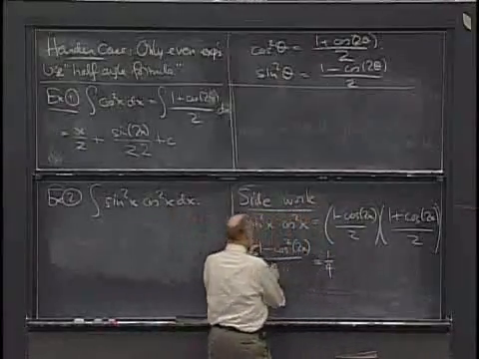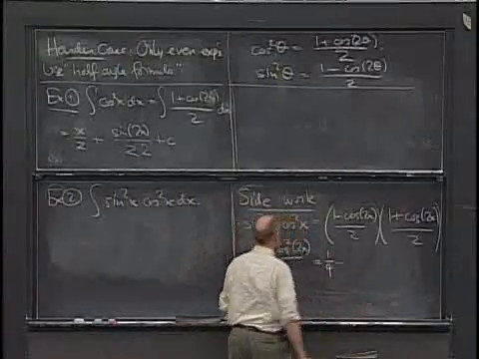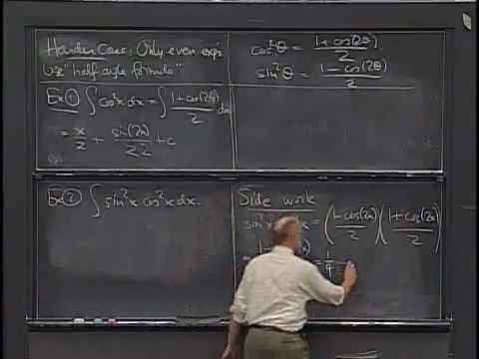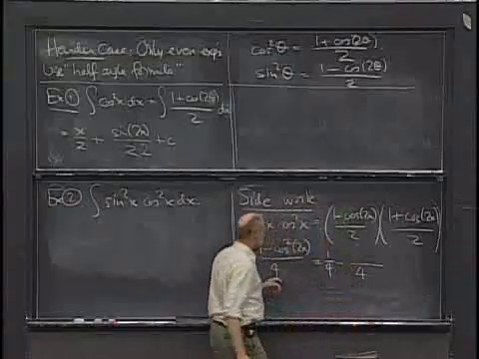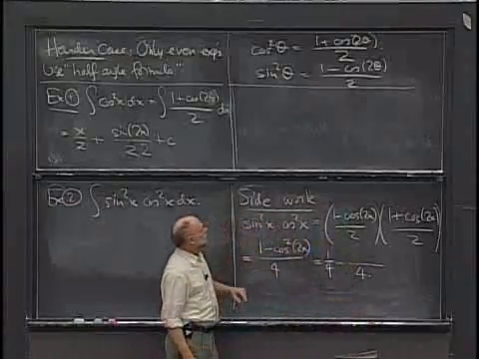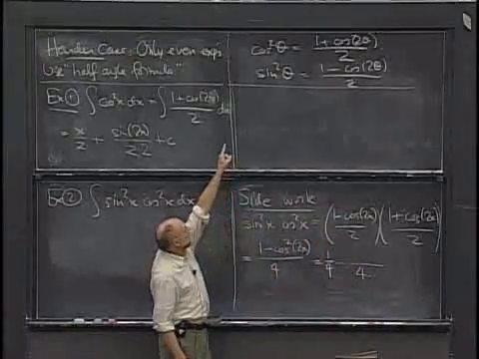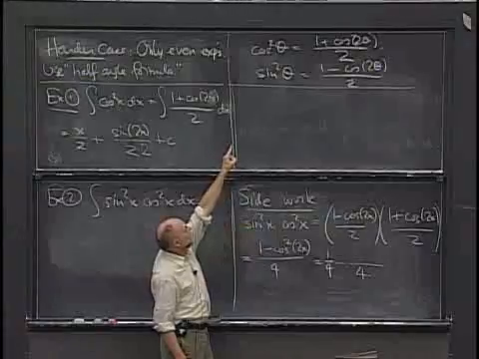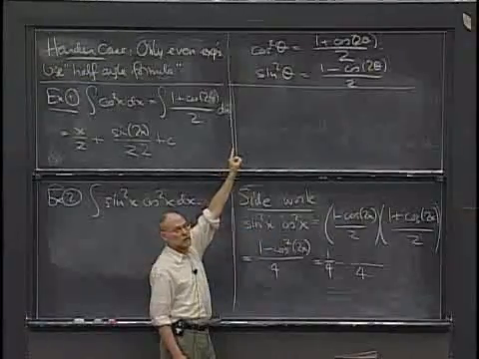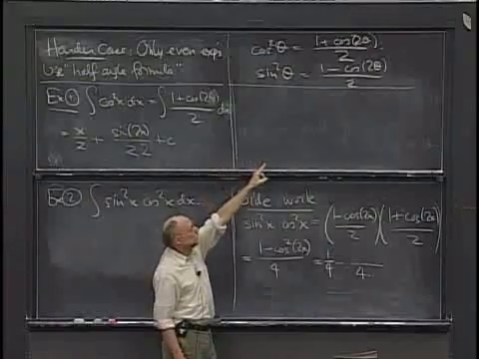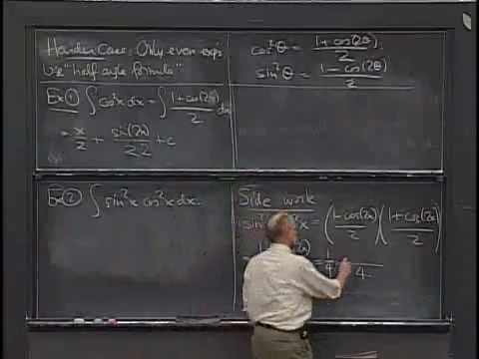So I get a quarter from this bit, and then minus a quarter of the cosine squared of 2x. Now, when I plug in 2x for theta there in the top, I'm going to get a 4x on the right-hand side.